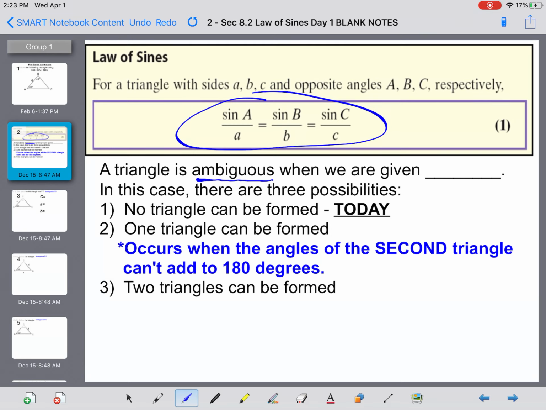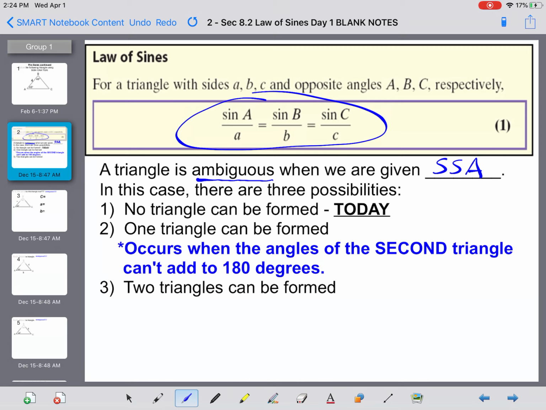The ambiguous case only happens when we're given side, side, angle. If you remember back to Geo, that was the only relationship between sides and angles that didn't result in two congruent triangles. So that's the only time we have to worry about a triangle being ambiguous.